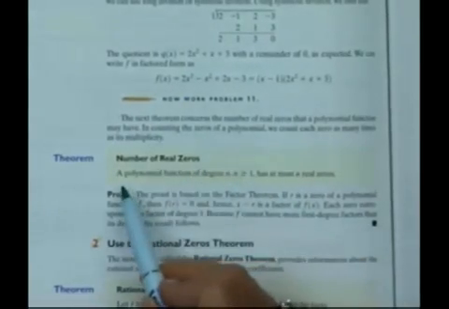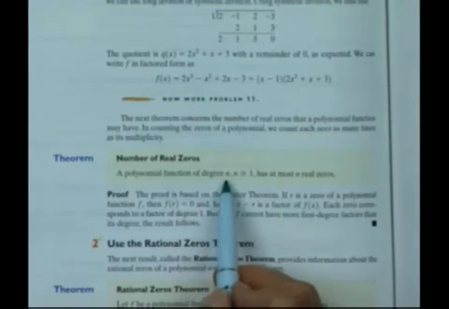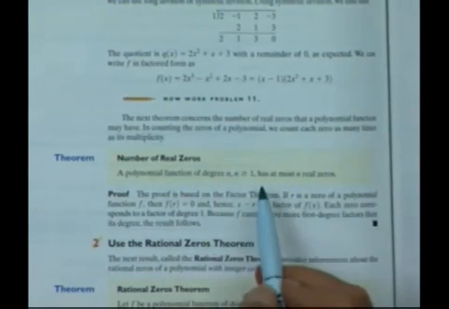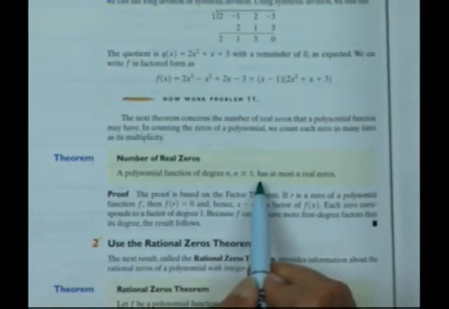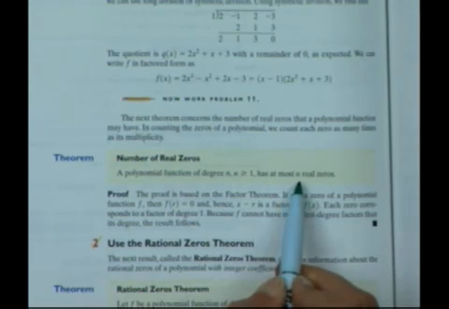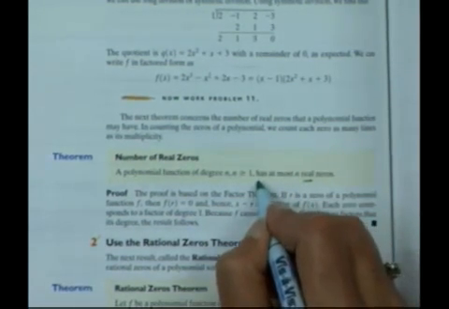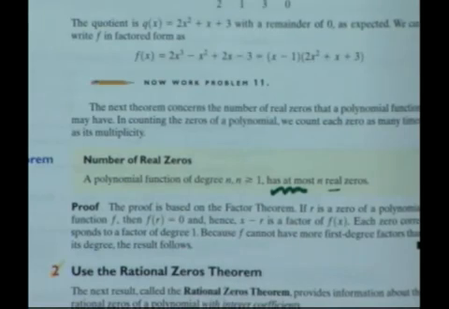Okay, we're on page 370 with another theorem. A polynomial function of degree n, where n is greater than or equal to 1, has at most n real zeros. Did you catch the words has at most n real zeros?